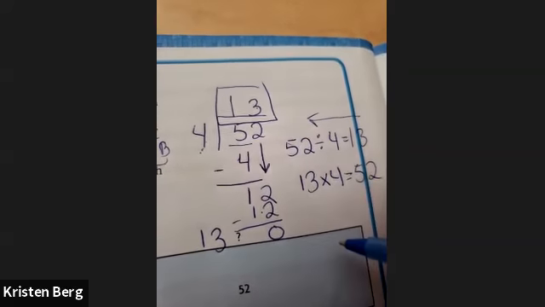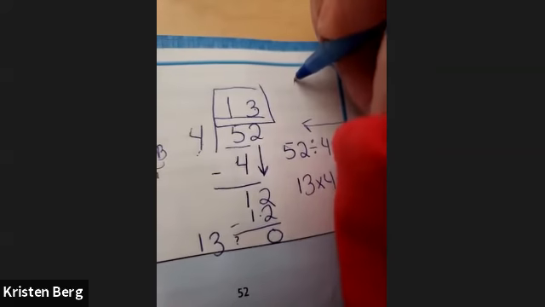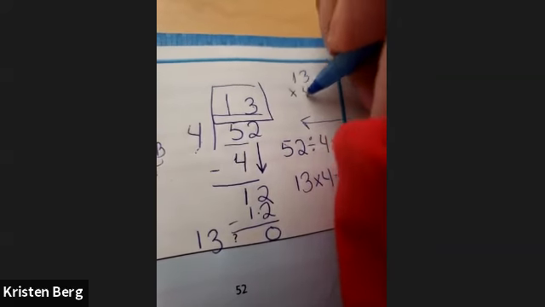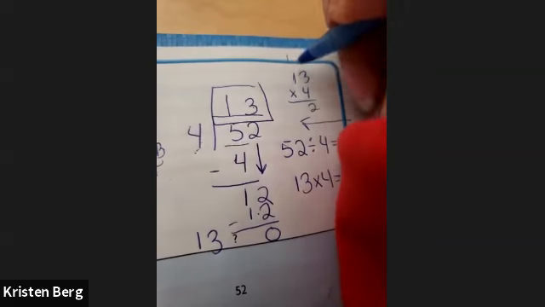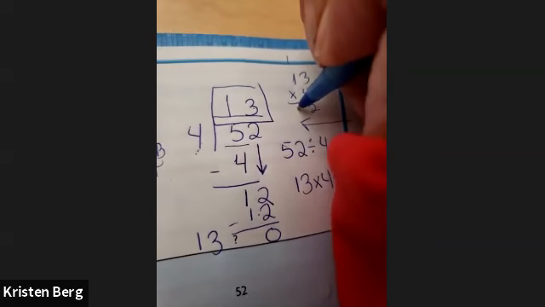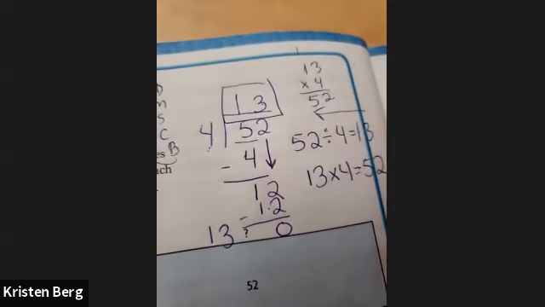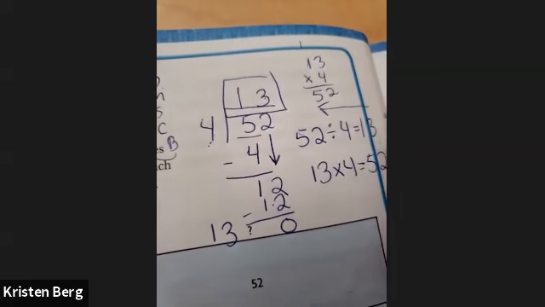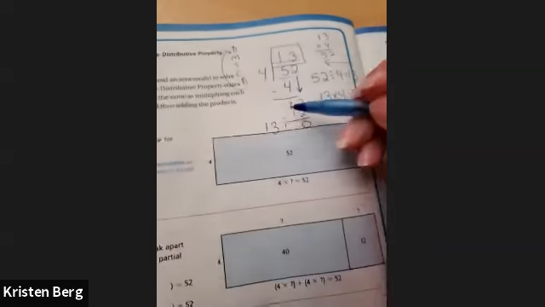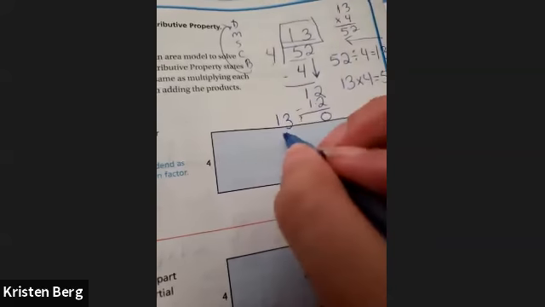And you could check that off to the side to see if it is right, if you would like. 13 times 4, that would have been 12, carry your 1. That would have been 4 plus 1 is 5, which is 52. So I just checked my answer. So the answer here is 13. Now the array to this would be 13 by 4 will give you your 52.